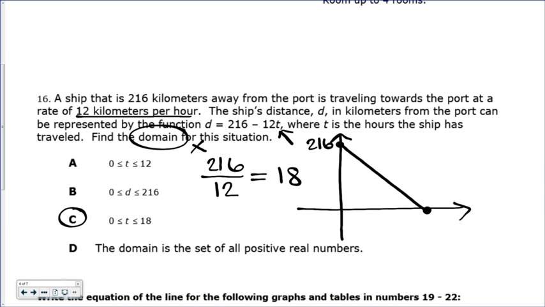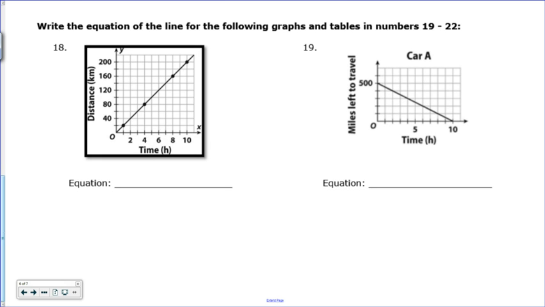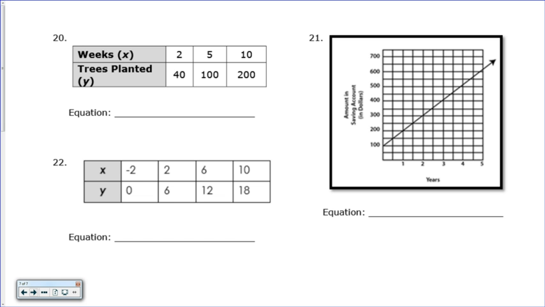Okay, the last one, let's do number 22. All right, looking at this, we need to write an equation from your table.